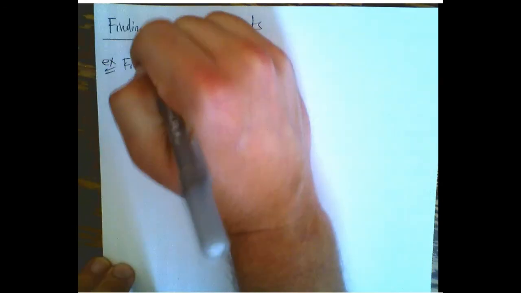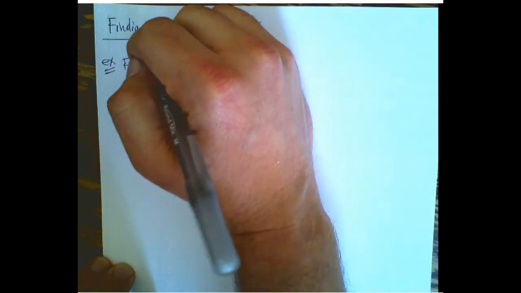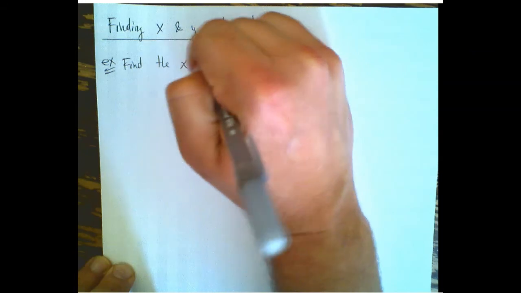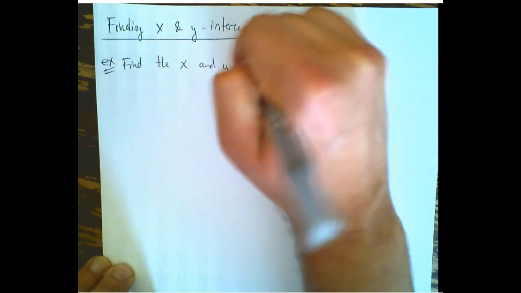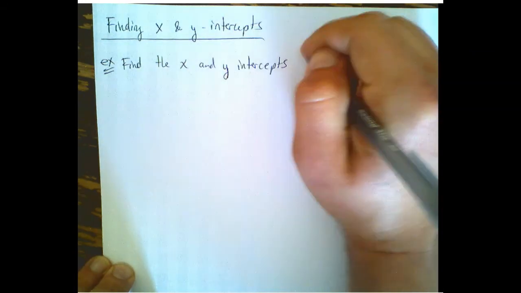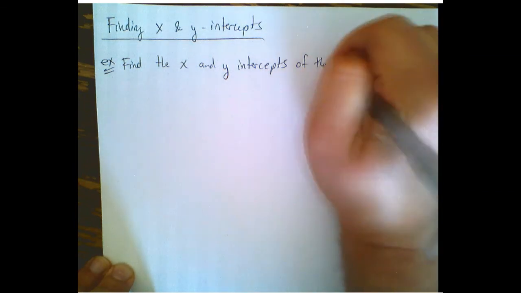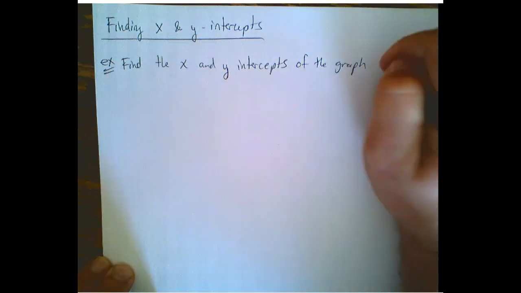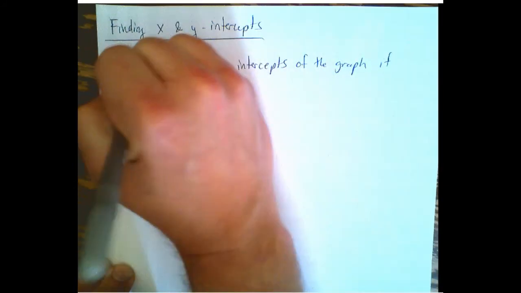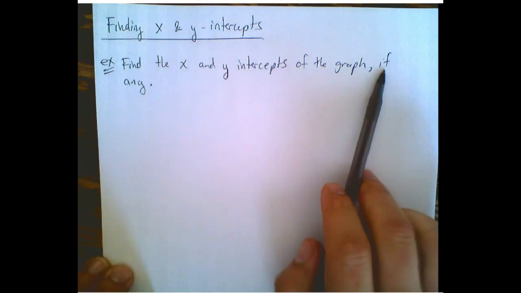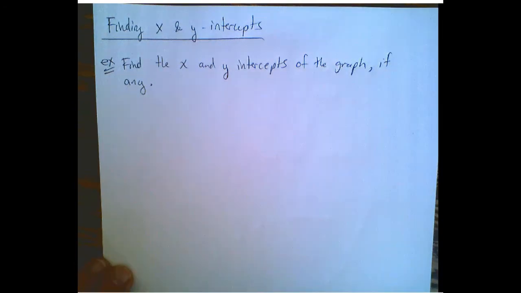So let's do it. Find the x and y intercepts of the graph, if any. Because we saw that sometimes we don't have any x-intercepts.